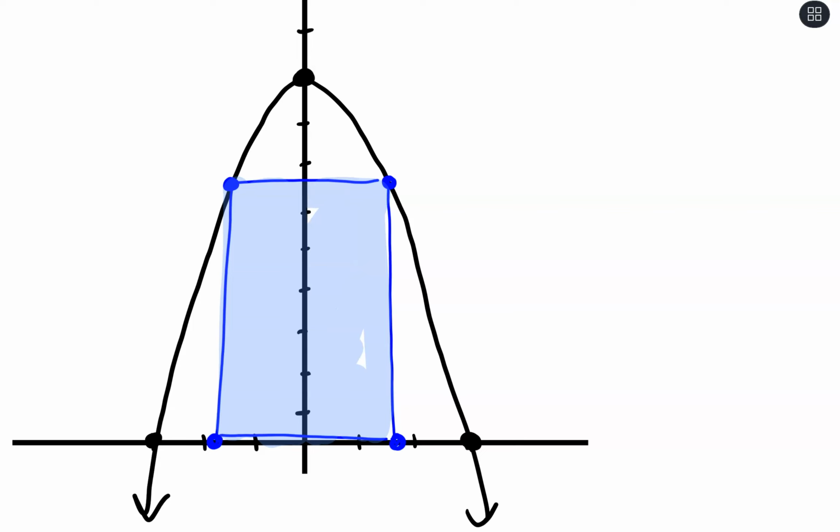Okay, so, side lengths of this rectangle. Something I'm going to do is quickly think about what my coordinates are here. Here I have some positive x coordinate, and then the y coordinate is going to come from 9 minus x squared.